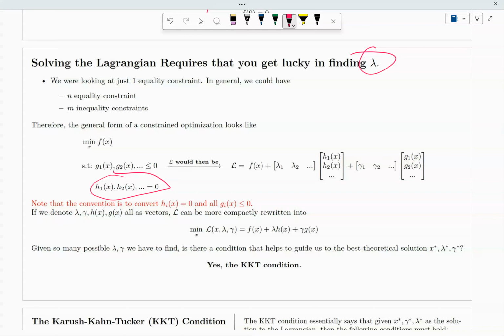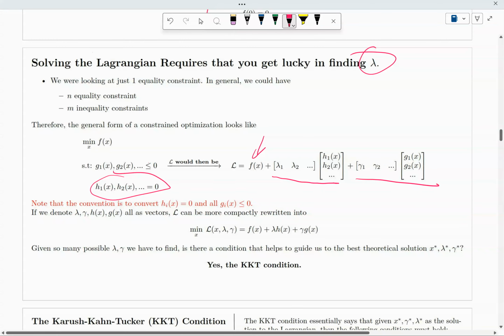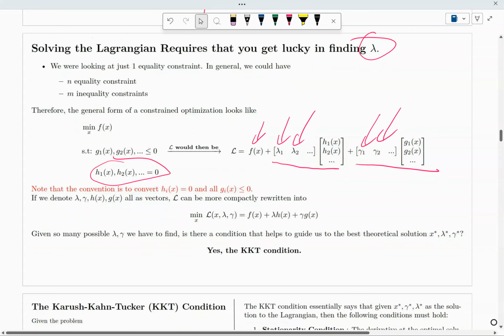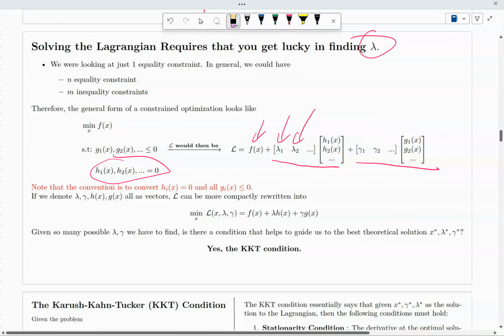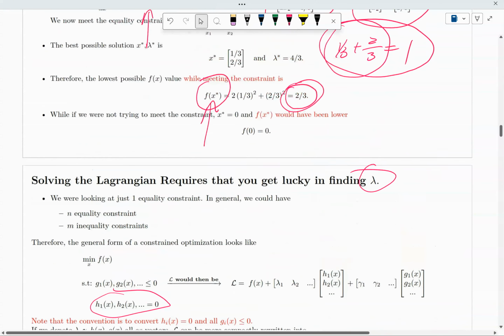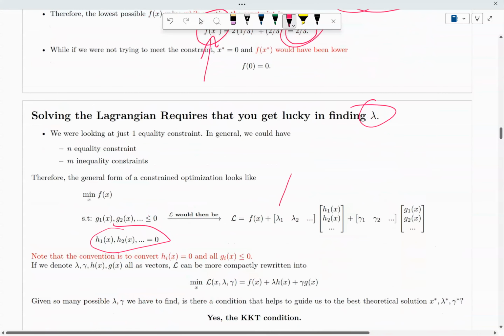Once you do that, the Lagrangian is defined as the function plus the set of equality and the set of inequality terms. These lambdas and gammas are essentially the Lagrange multipliers. In our very simple case, we only had one equality Lagrange multiplier, but once it gets more complicated, you end up with a giant list of Lagrange multipliers.